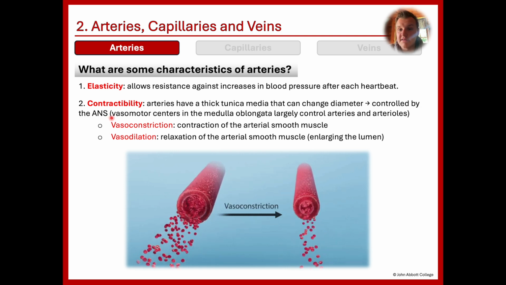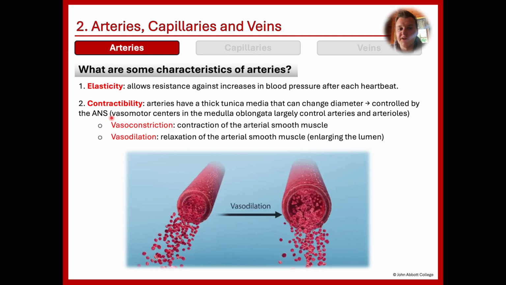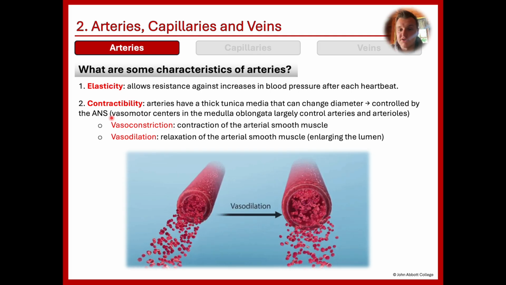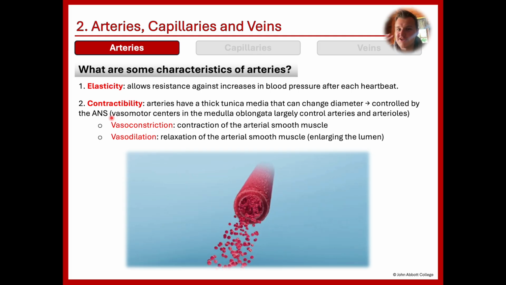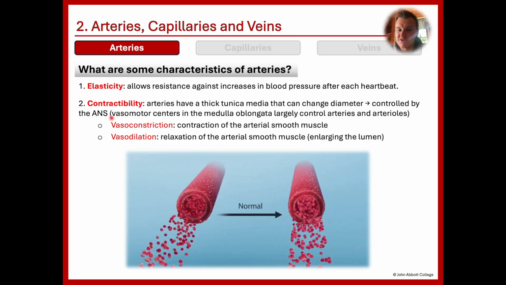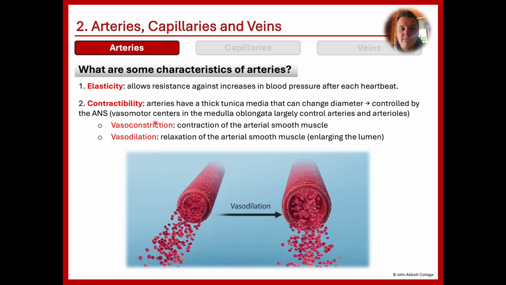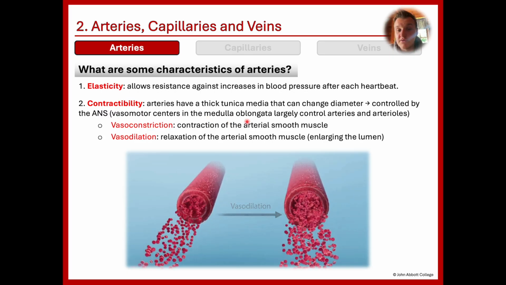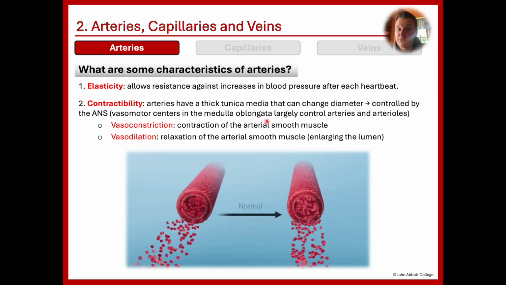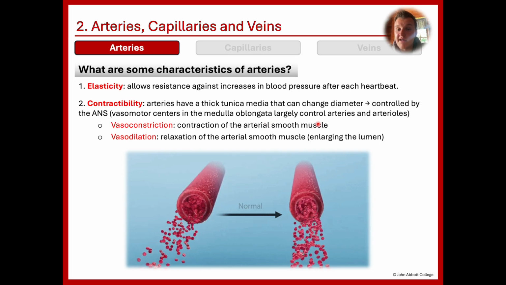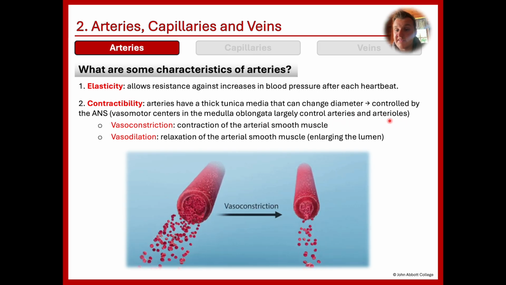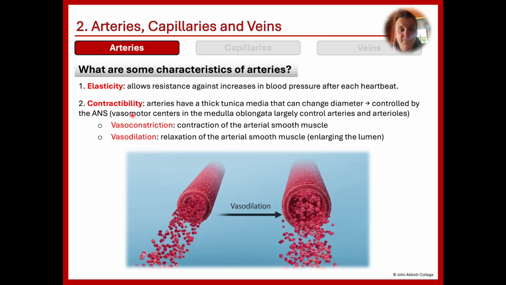The ANS is the brain regions that control things that we aren't in control of. I can't ask you right now to change your blood pressure or constrict your vessels. So it's autonomic, right? And it's the vasomotor centers in the medulla oblongata, a brain region in the brain stem, that largely control the arteries and the arterioles, okay?